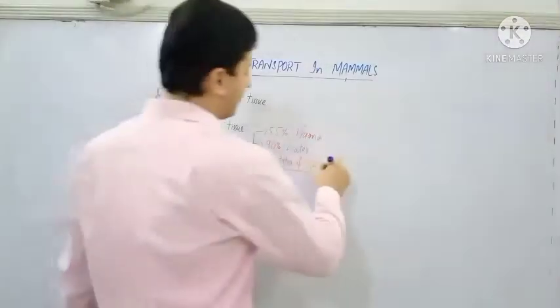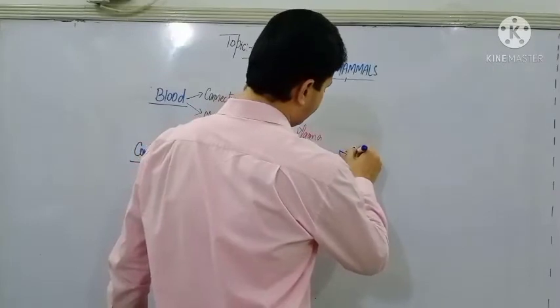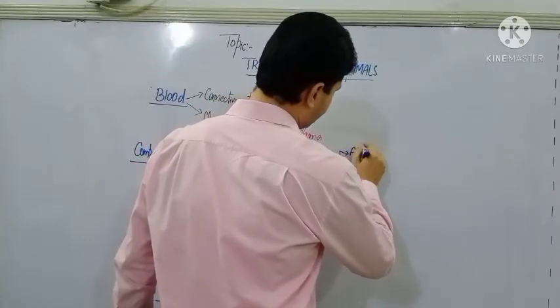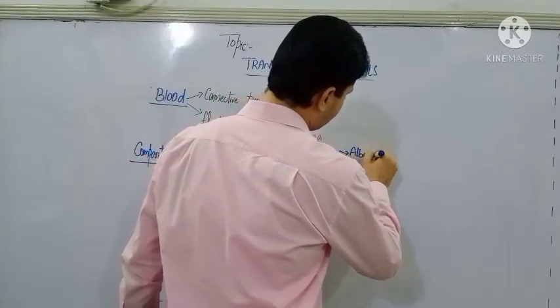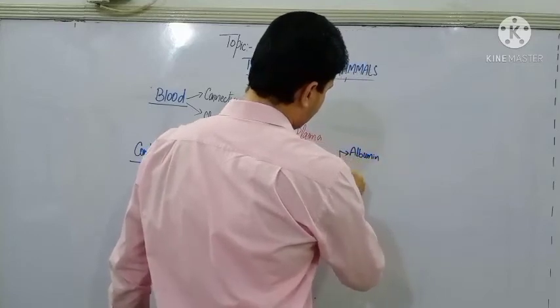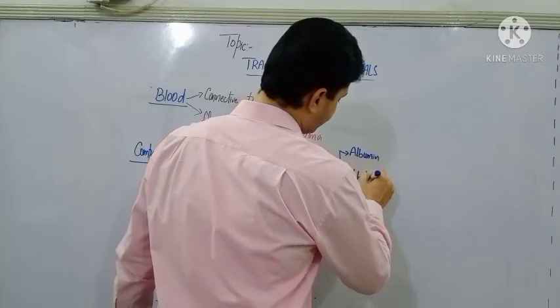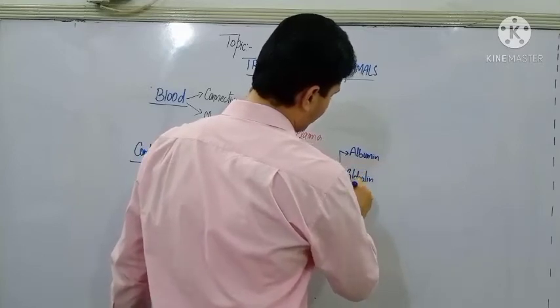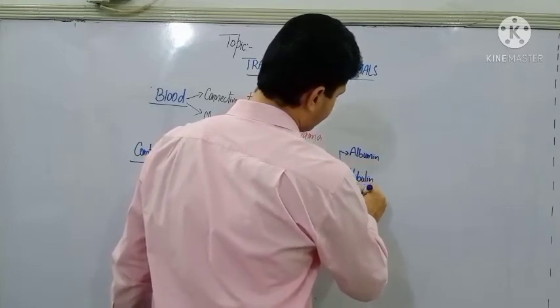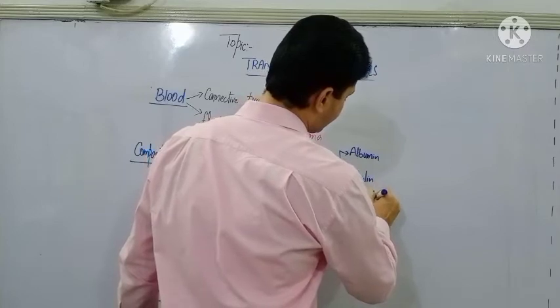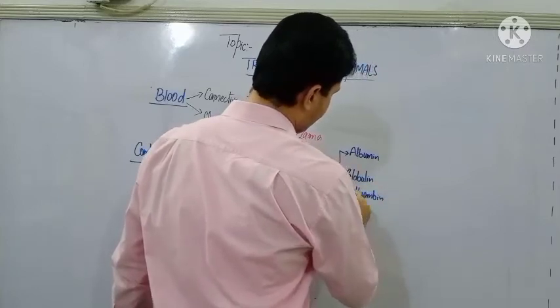These are albumin, globulin, prothrombin, and fibrinogen.